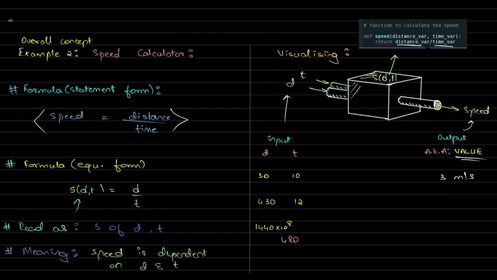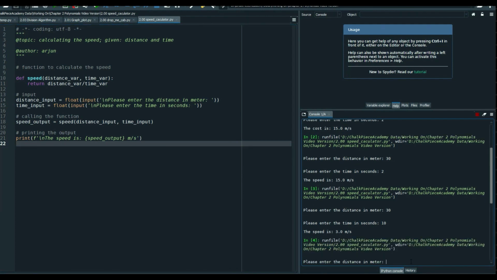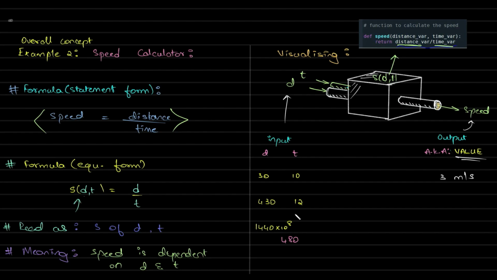Next is 430 and 12. So a person is covering 430 meters in 12 seconds. We have 35.83, an approximate value, meters per second.